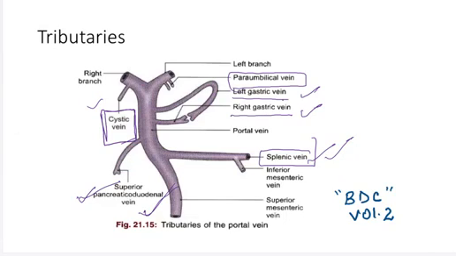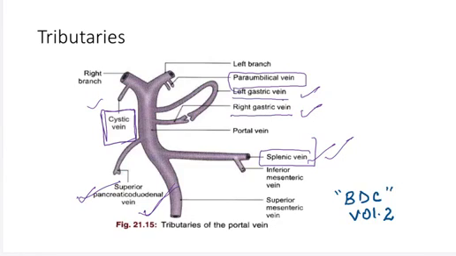I hope it is clear by now what a portal vein is and what the length of the portal vein is. It is about 8 cm. Where is it formed? It is formed behind the neck of the pancreas. This formation coincides with the L2 vertebral level. Then it ascends upwards towards the right and divides into the right and the left branch. The right branch enters into the right lobe of the liver, and the left branch enters into the left lobe of the liver.